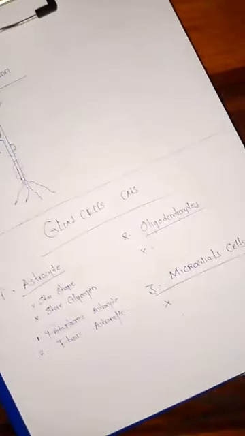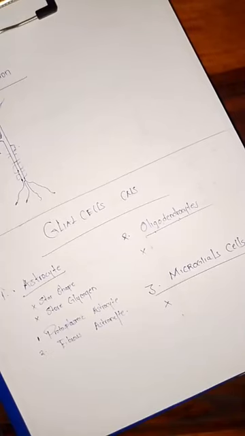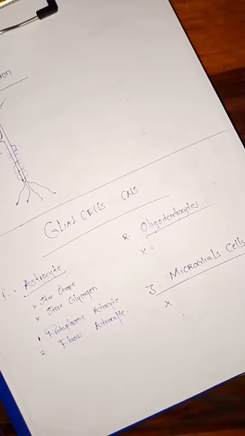These microglial cells act as the immune system of the central nervous system. If there are dead tissues or dead cells in a particular portion of the central nervous system, these microglial cells migrate to that site and remove those dead cells, which may be caused by ischemia, hypoxia, or different causes.